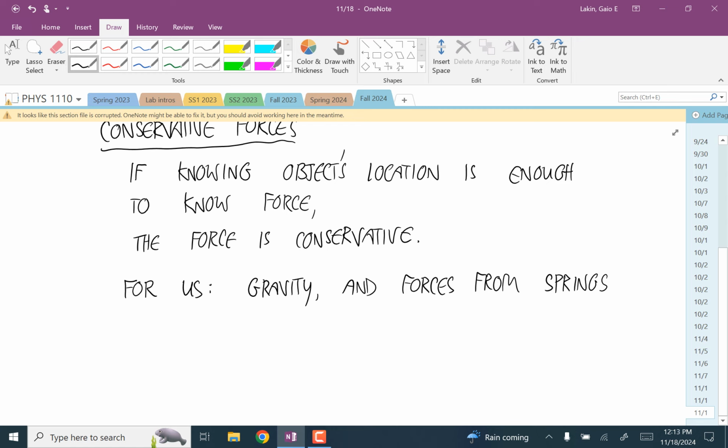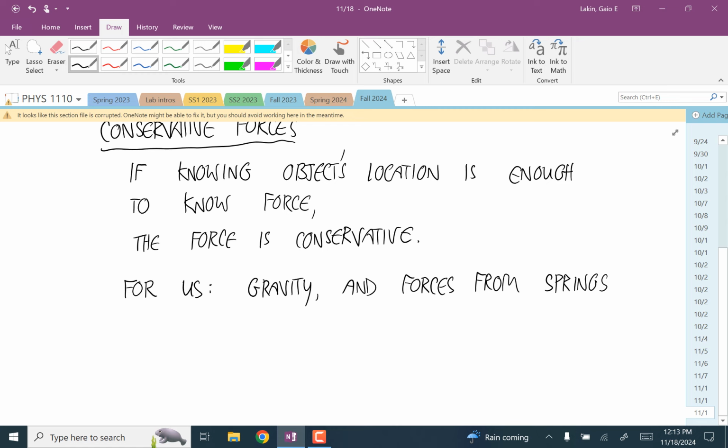Let's think about ones that are not conservative. So now let's think of two that aren't conservative. So first of all, what about the normal force that the table is applying to the calculator? Well, at first you might think, well, yeah, it's just counteracting the weight, so maybe that's conservative.